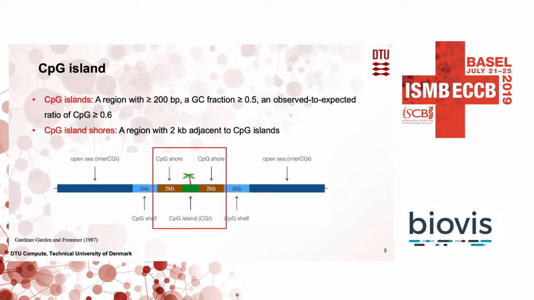We can see the CpG island is a region of 200 bp, where the GC fraction is bigger than 0.5 and the ratio of CpG is bigger than 0.6, and the shore is just a region of 2000 bp beyond the CpG island.